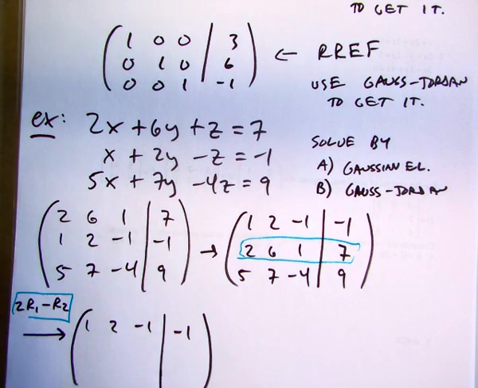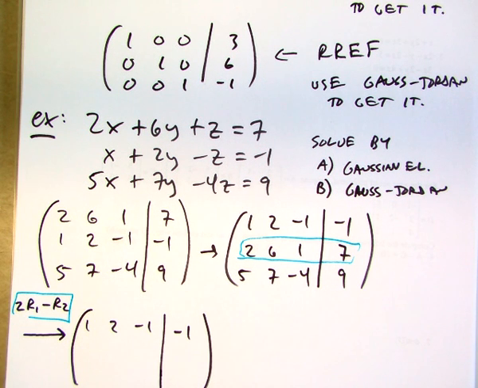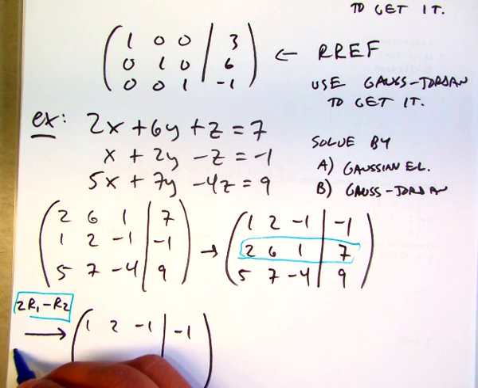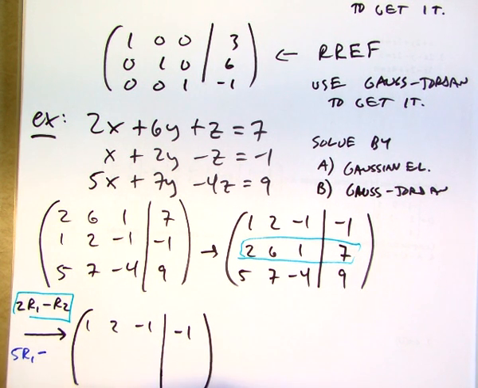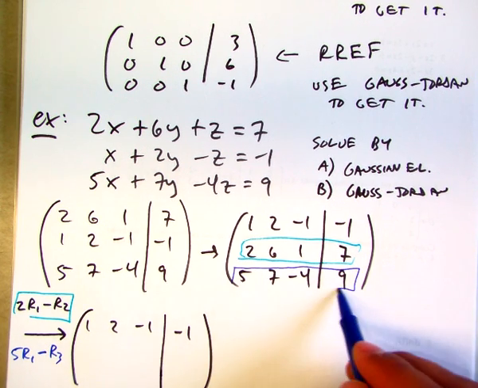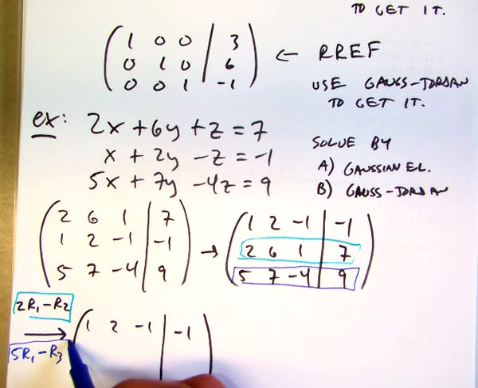And if I multiply 5 times row 1 and subtract row 3, that'll give me a new row to work with down here.